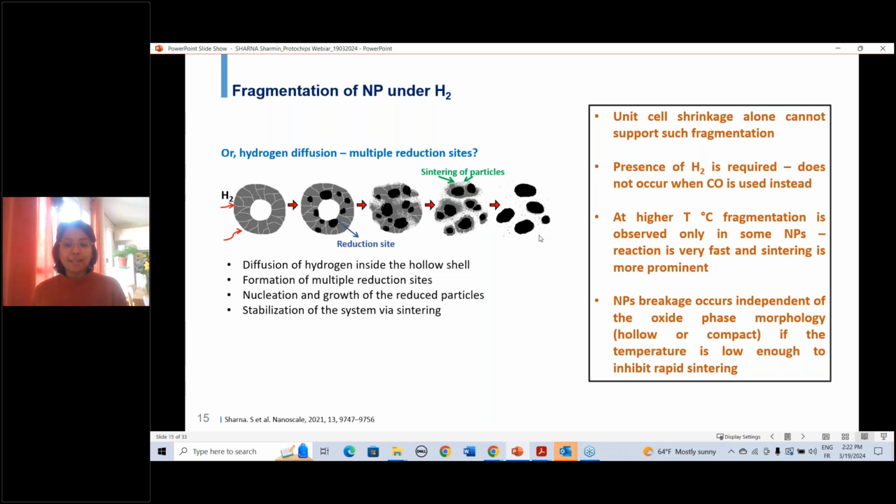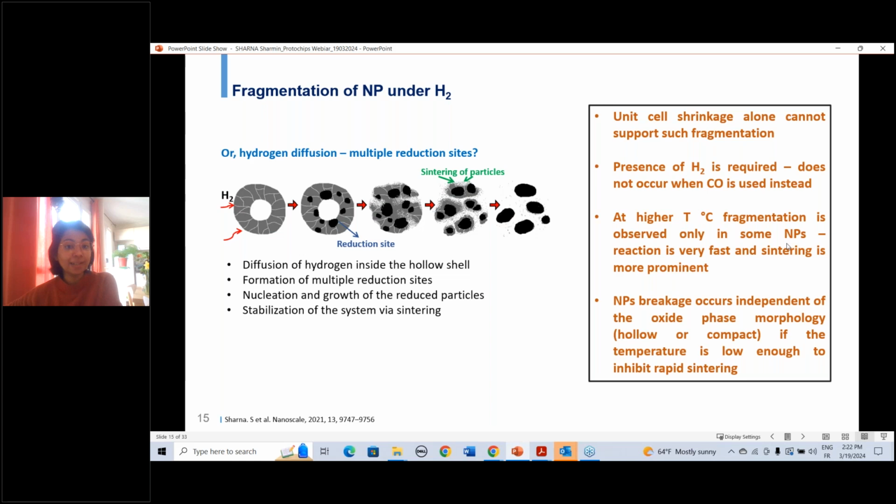So what we see is that the fragmentation reaction depends on temperature. Of course, the fragmentation is happening, but with higher temperature, the sintering effect will be more prominent. And it doesn't really depend on the shape of the original oxide, whether it's hollow particle or compact shape.